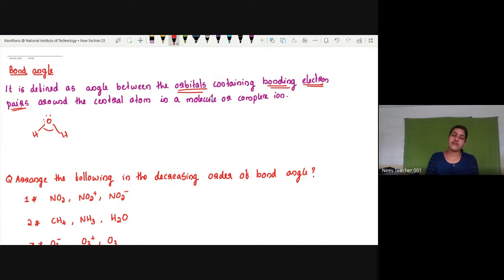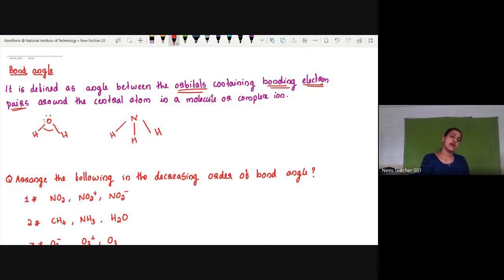In NH3, it is simply the angle between two bonds which the central atom forms with the other surrounding atoms.